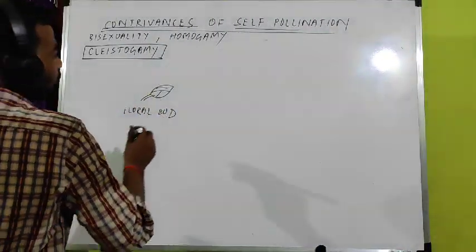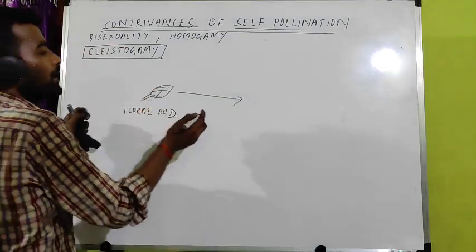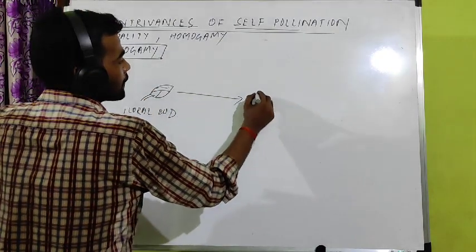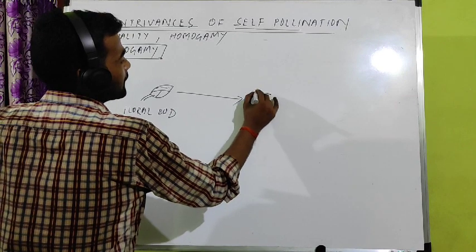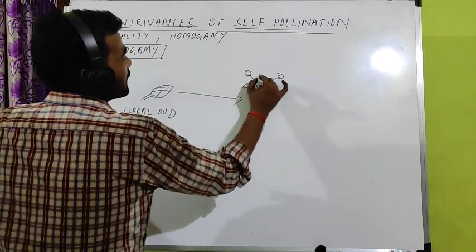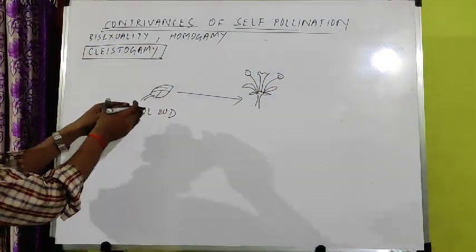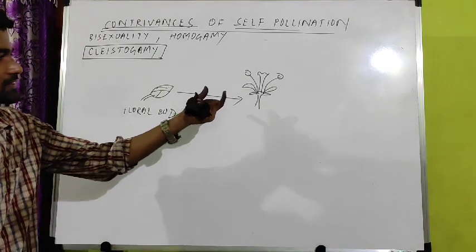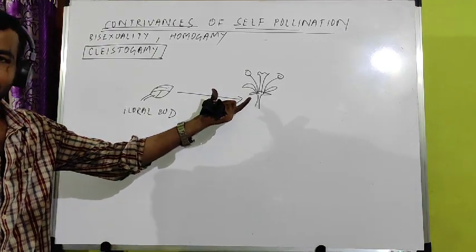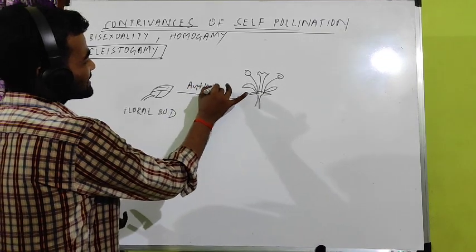With the passage of time, the parts of the flower open and it becomes a complete open flower like this: sepal, petal, stamen and carpel. You can see this flower and this flower. This is the closed flower, called a floral bud, and this is the complete open flower. The process of opening is called anthesis.